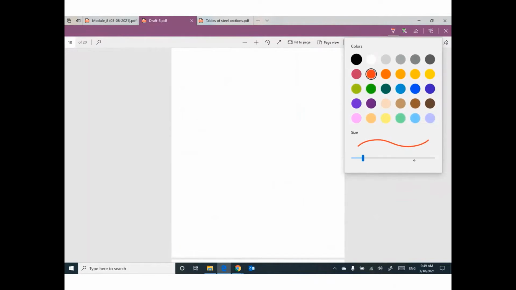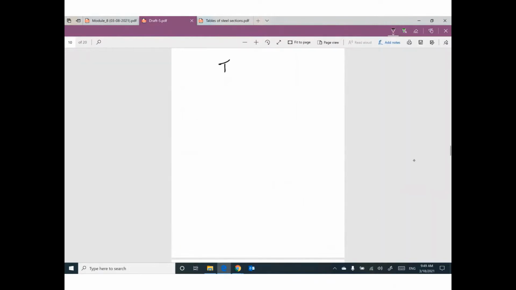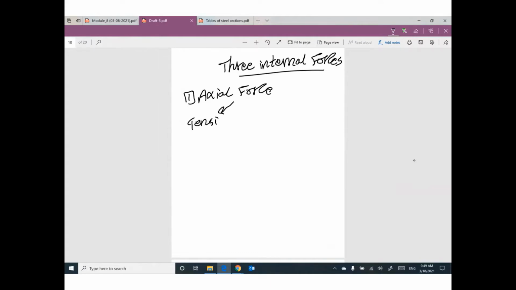Guys, we have three internal forces. One called axial force, which is tension or sometimes compression.